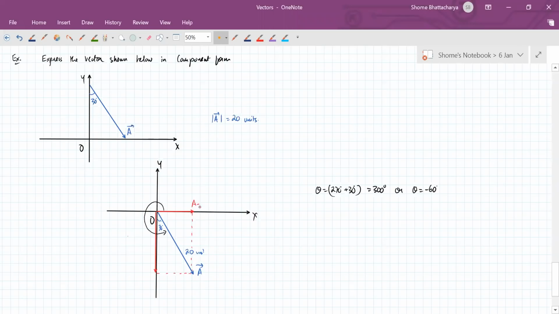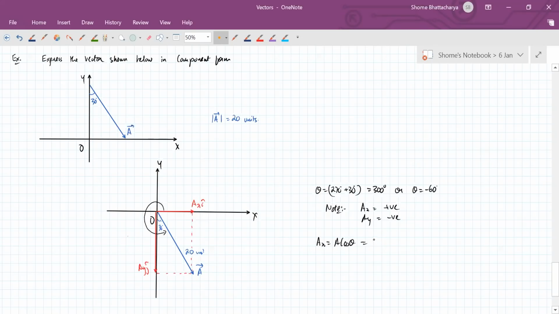So this is your ax i cap and this is your ay j cap. Because of this, you can understand that ax will be a positive quantity, whereas ay will be a negative quantity. So now let's understand them from the formula. So ax is A cos theta.